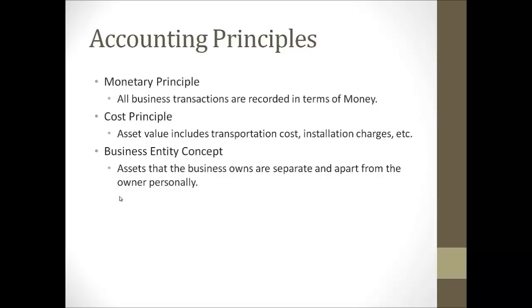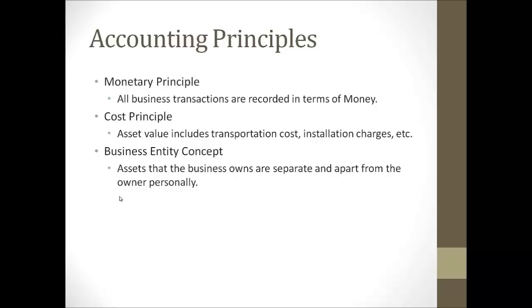We also have the business entity concept, and this is very important because it's something that a lot of small business owners have problems with identifying. An asset that a business owns must be separate and apart from the owner personally.